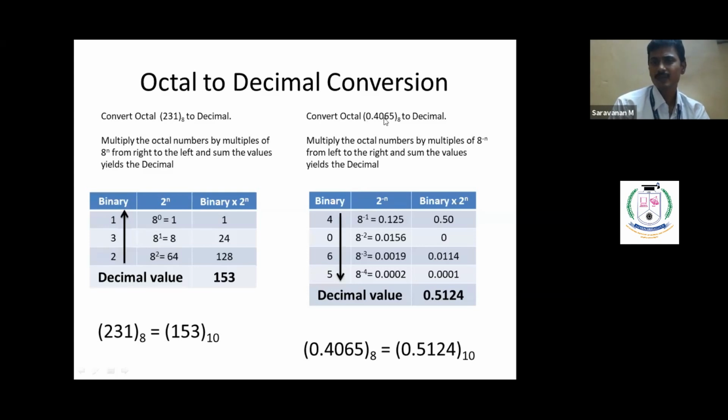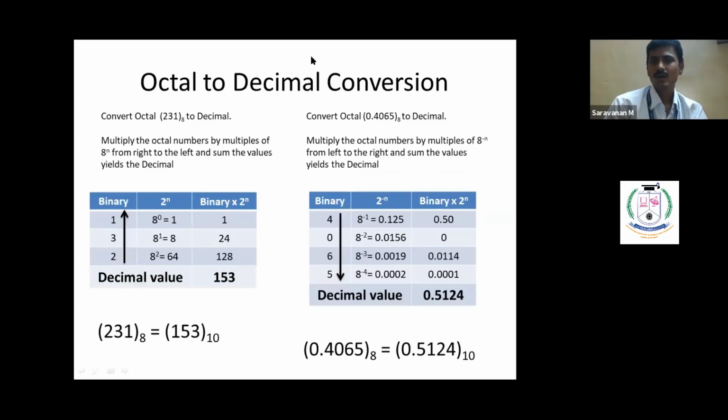For the fractional portion 0.4065, this is multiplied by 8 power minus 1, 8 power minus 2, 8 power minus 3, and so on. Now convert these into decimal. 8 power minus 1 is 1 by 8, which is 0.125. 8 power minus 2 is going to be 0.0156. So it goes like that.